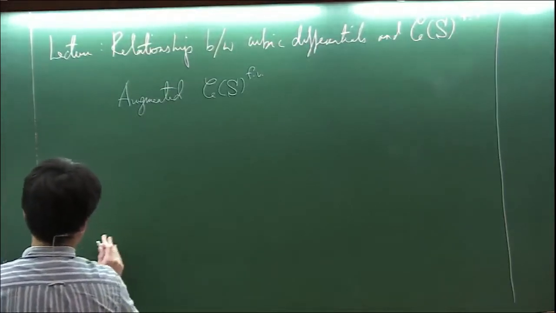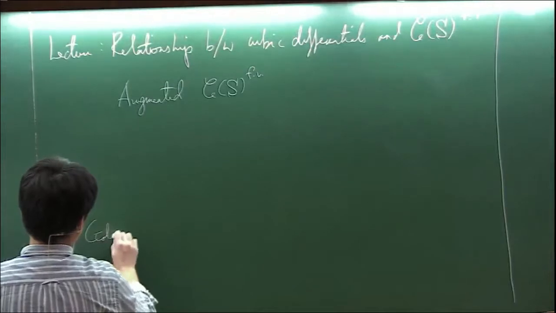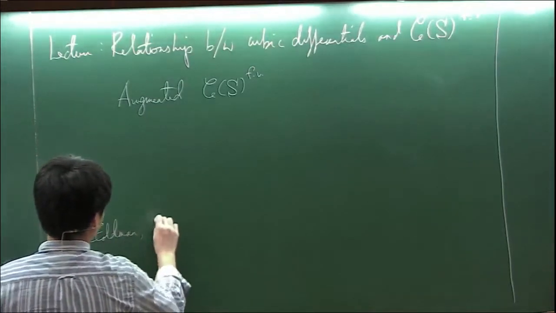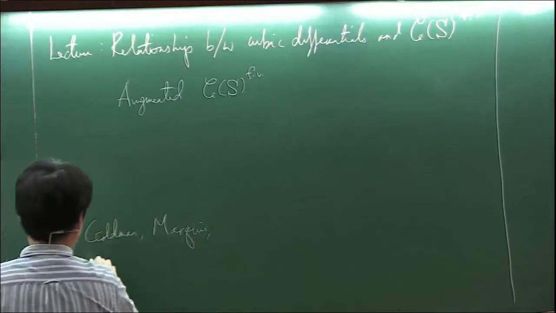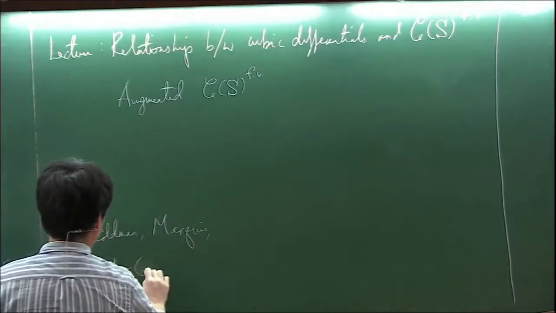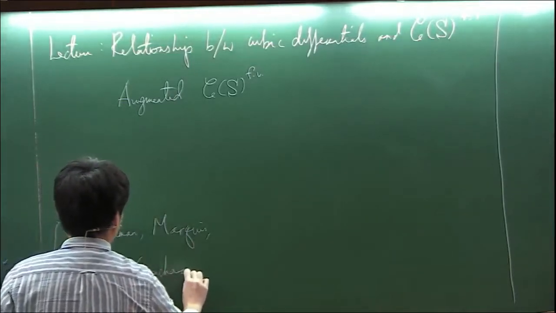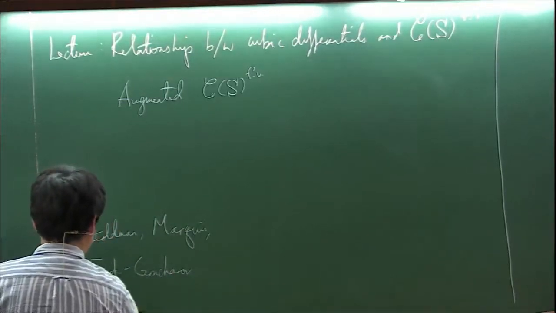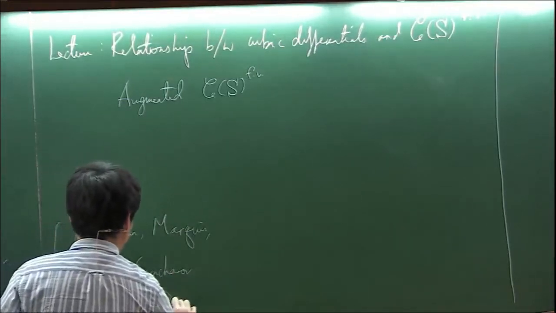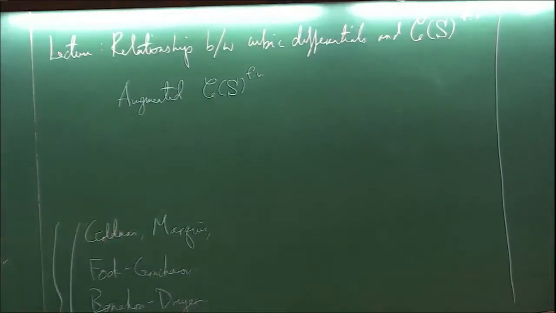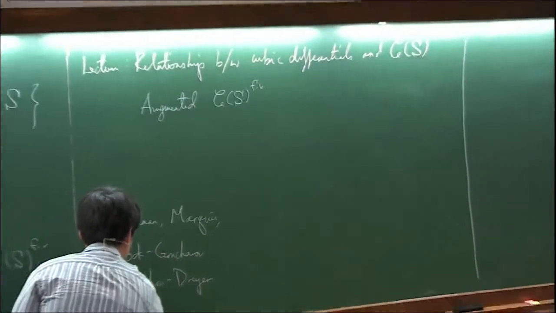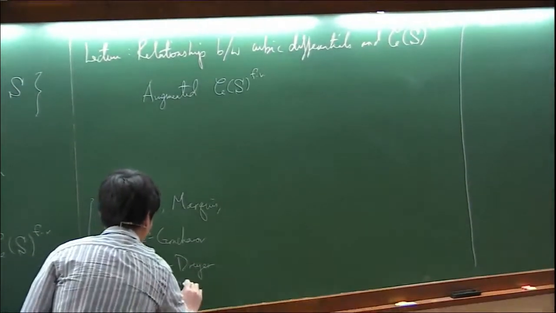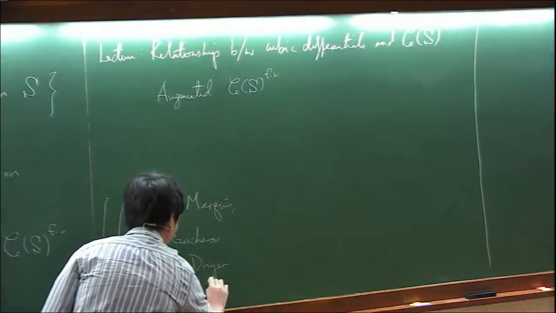Let me just say that for the first part, I'm going to use the work of course of Bill Goldman and Ludovic Marquis, and also some stuff from Fock-Goncharov, Bonahon-Dreyer, and also some recent work between Sungjin, Anna, Vinhad, and me.